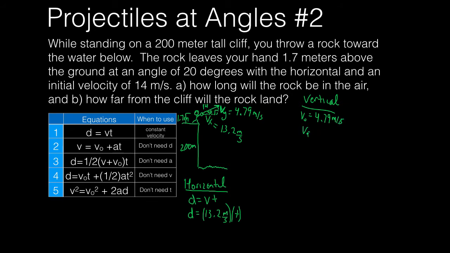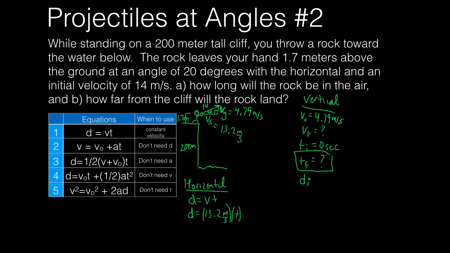We don't know the final velocity, so I'm going to leave that one as a question mark. Time initial is always equal to 0 seconds, where we start time, and time final is really what we want to find next.